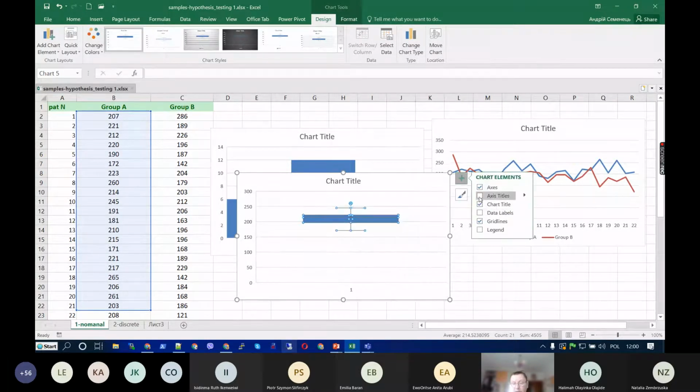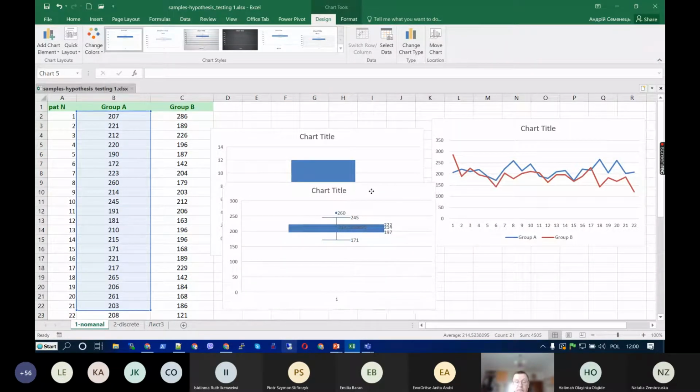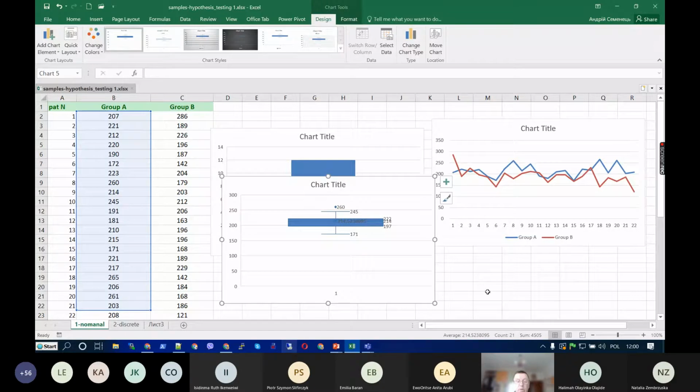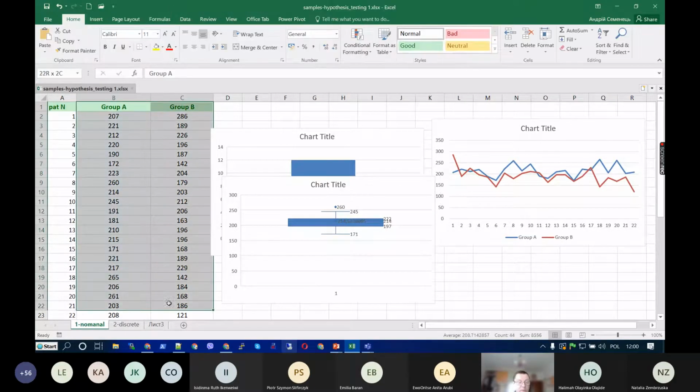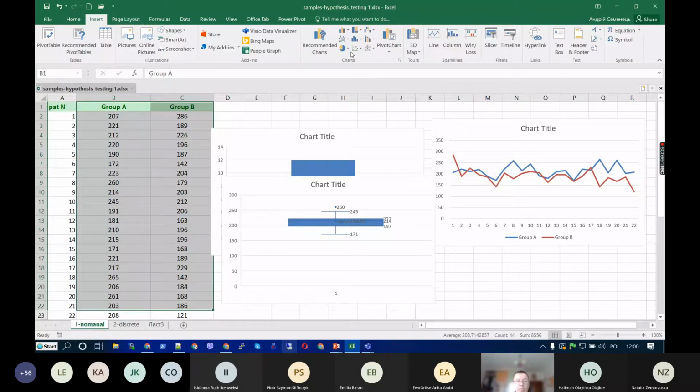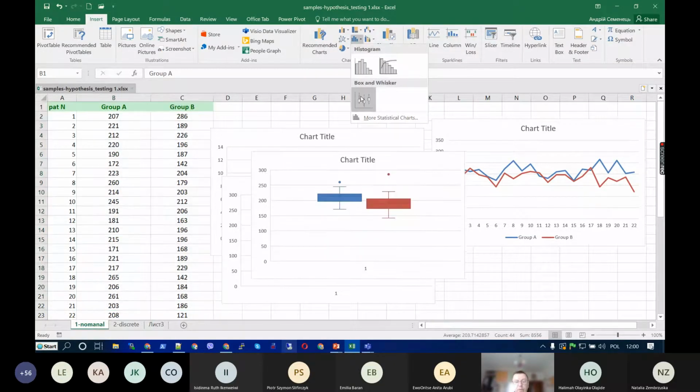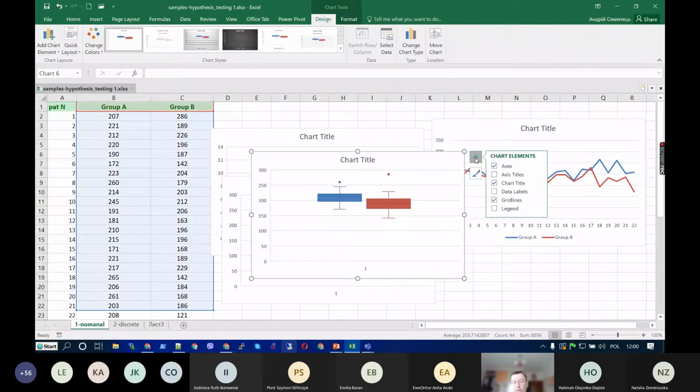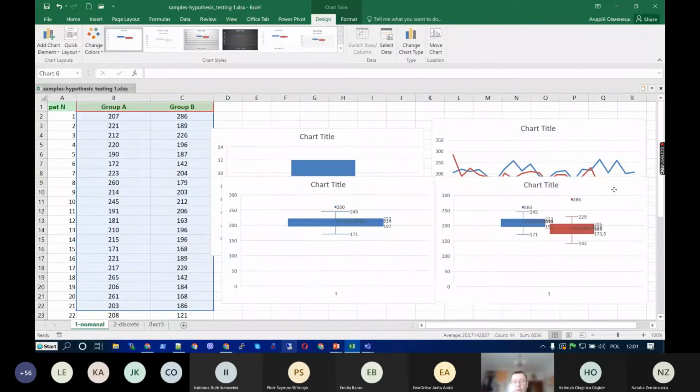We can add data labels, and it will be our descriptive statistic parameters, in case you want to do it in a visual way. Or the same way we can do it for two groups at a time. It will be something like this. Here we will have data labels, and we can provide some comparative analysis for our sample.